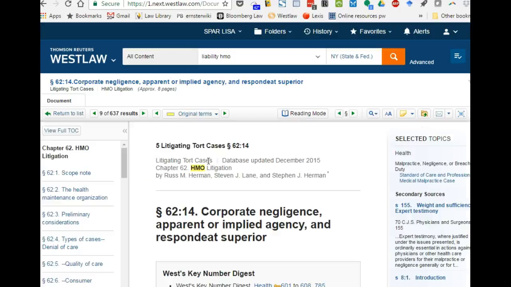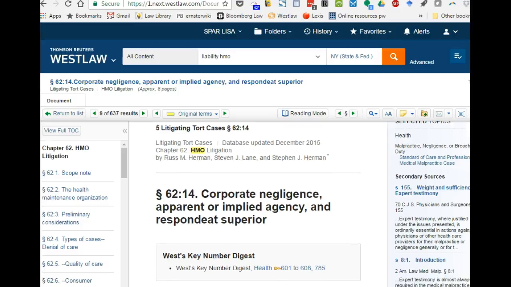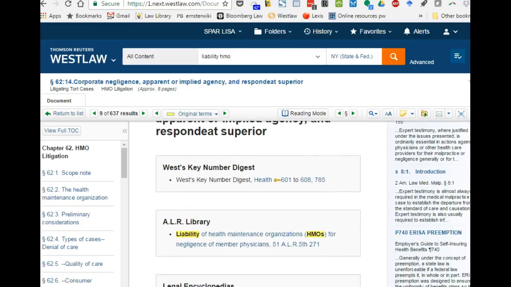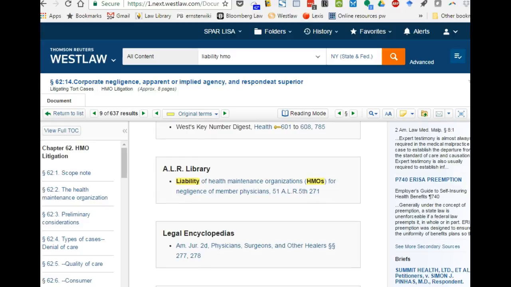And loose leaves are one type of treatise. And again, don't get caught up in how this is defined. Understand the basic functionality of a treatise is going to be far more in-depth than an encyclopedia, which is going to be different than a law review or journal like a New York Bar Journal. And understand why you might want to look at one as opposed to another.